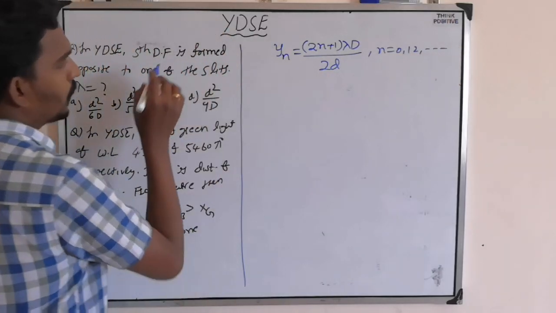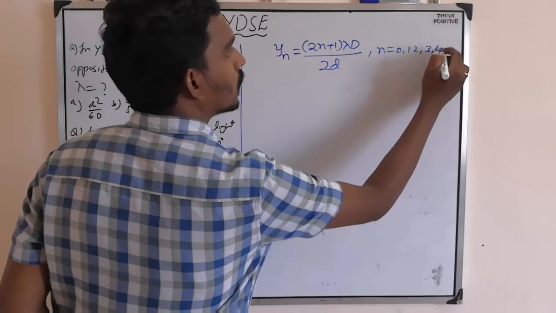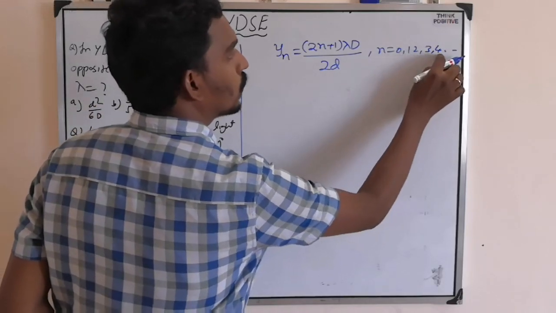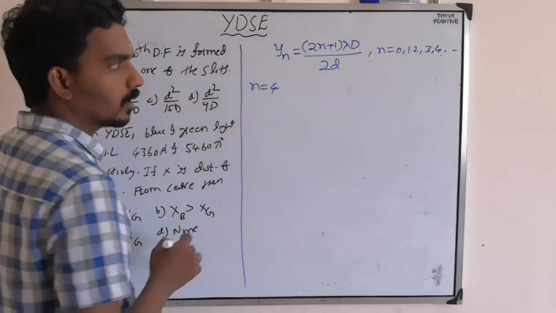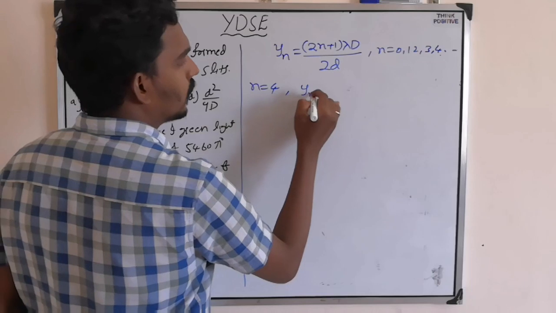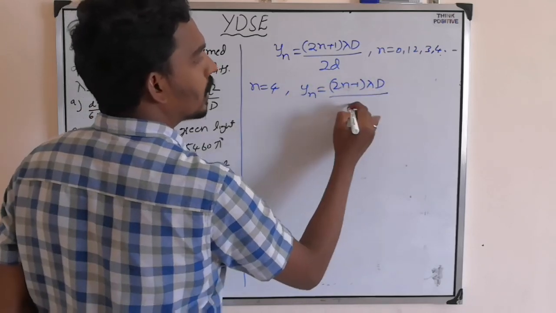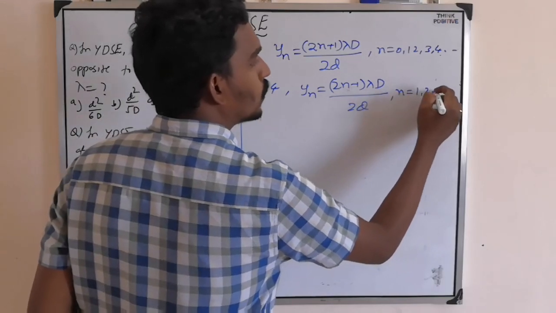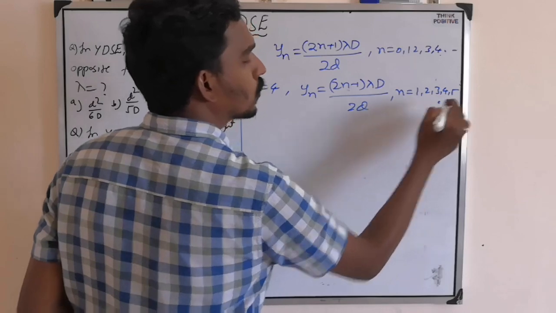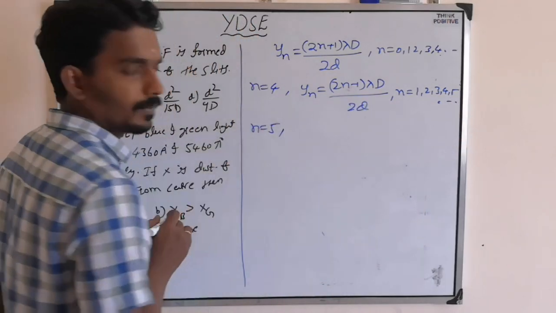Now the fifth one means 1, 2, 3, 4, 5, so n equals 4. Or else I said y_n equals (2n-1) lambda D by 2d, where n equals 1, 2, 3, 4, 5, and so on. So that there is no confusion, if you take this formula, n equals 5.